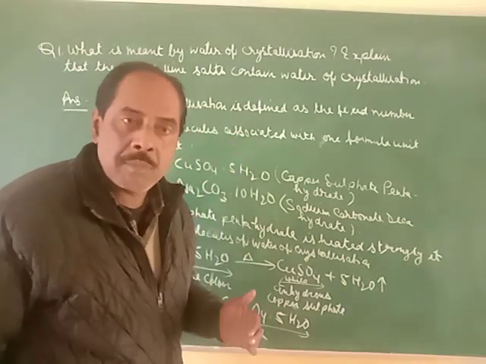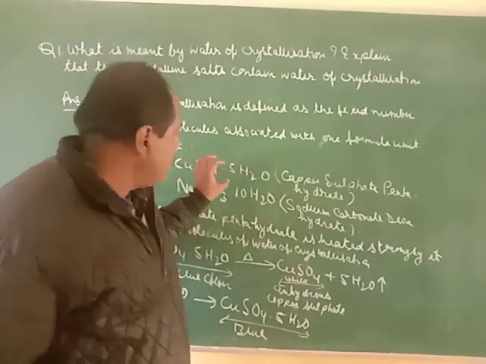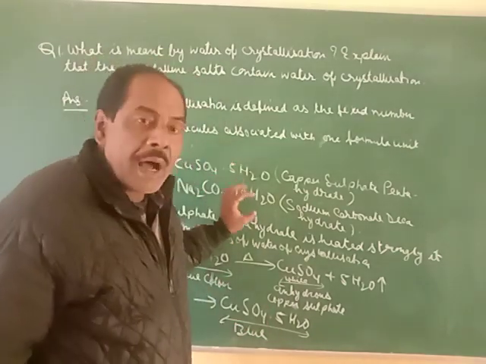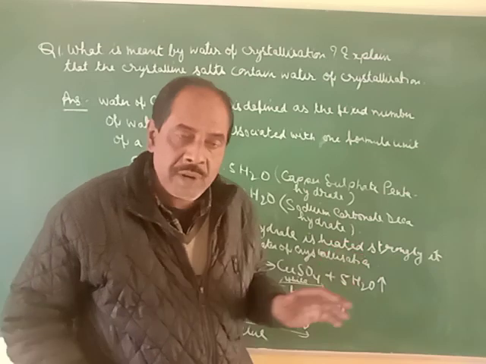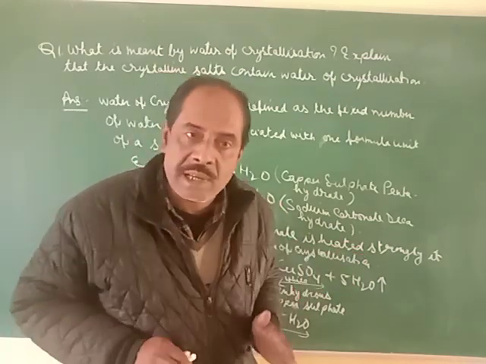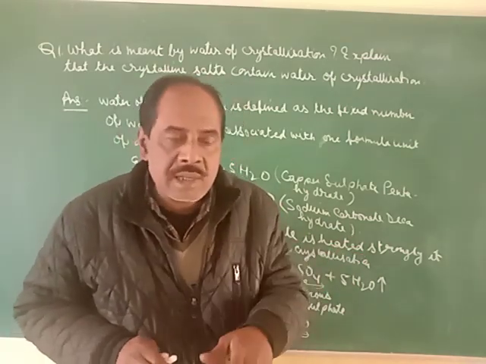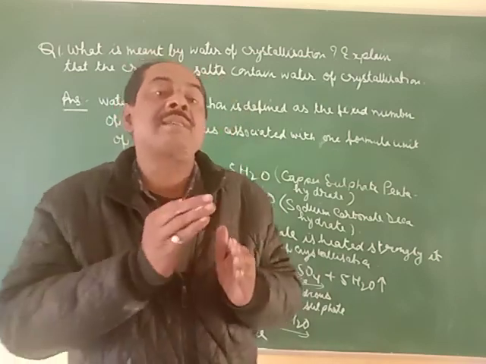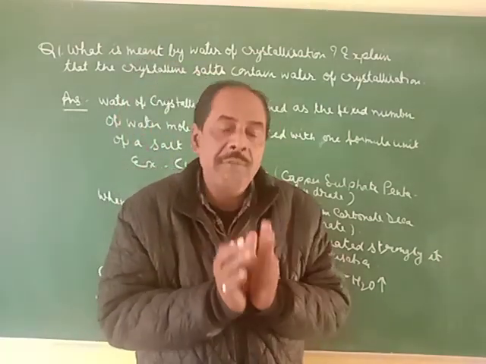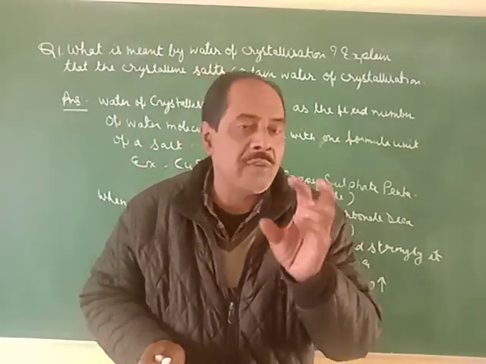So what we see, students, whenever we are heating any of the hydrated salt, first it loses its water of crystallization, the color changes, and again when water is added to the anhydrous salt, the color returns.